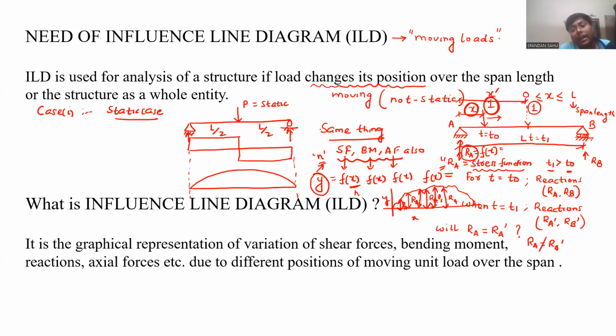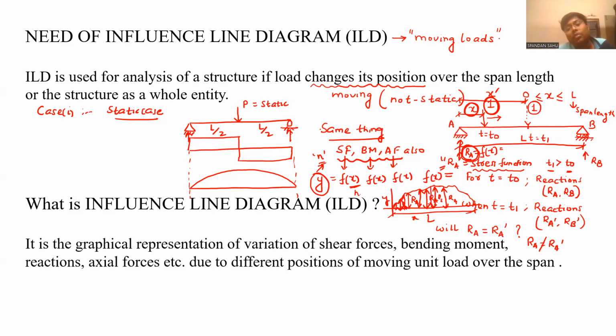What is the RA value there? Throughout the span, when you draw the ILD for RA, this will be the total length, and this variation represents that at x equal to 0, your RA value was this. At x equal to, suppose, L by 5, the RA value is this.